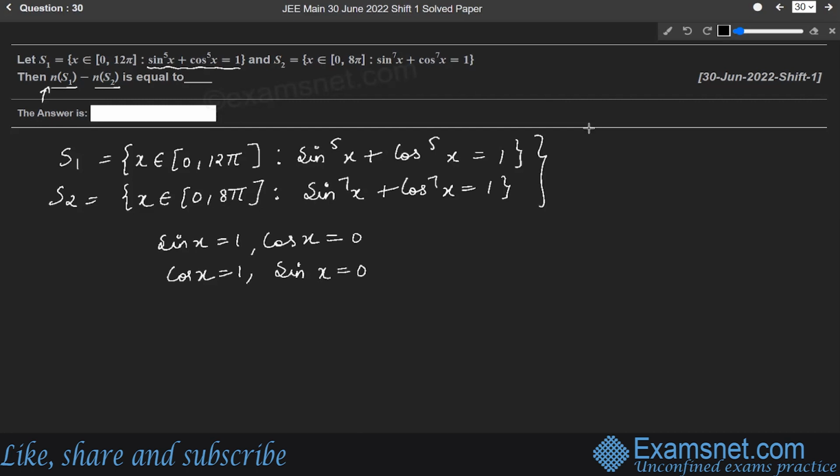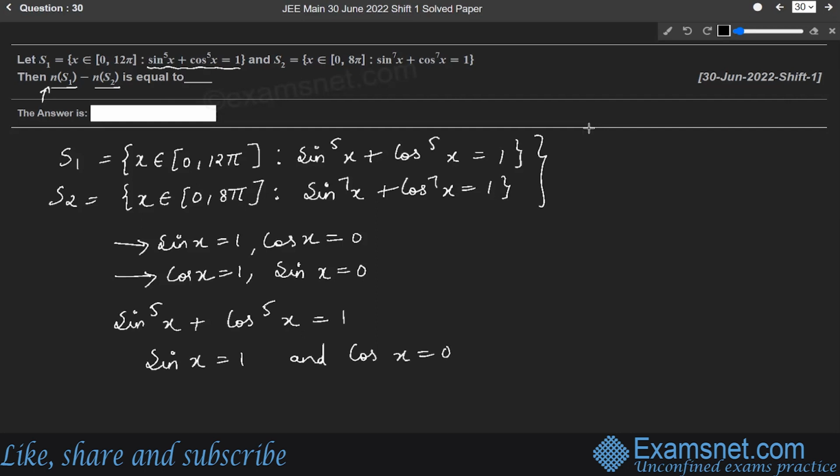Both these sets will be satisfied only for these two conditions, right? So let us now look at set 1. If we are talking about set 1, the expression is sine power 5x plus cos power 5x is equal to 1. This is satisfied only when we have sin x is equal to 1 and cos x is equal to 0.